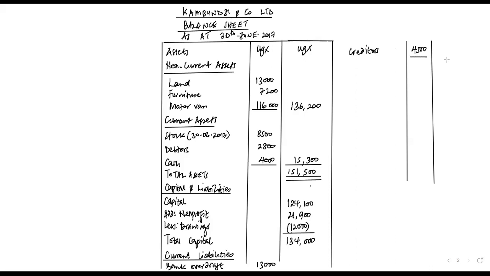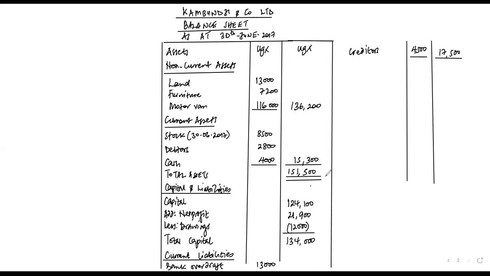So you add the two, that is the bank overdraft of 13,000 and the 4,500. We have 17,500. So we get the current liabilities total 17,500.